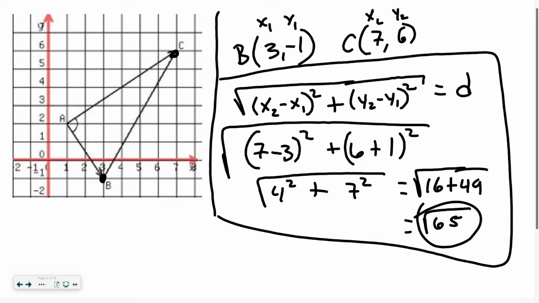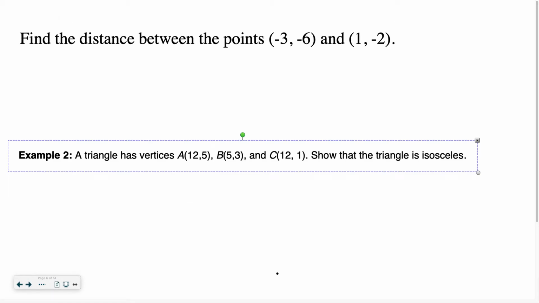Now I want you to practice using the distance formula in this example. You try it, okay? Well, what is the distance between these 2 points? Remember, this is x1, this is y1. This is x2, this is y2. Okay?